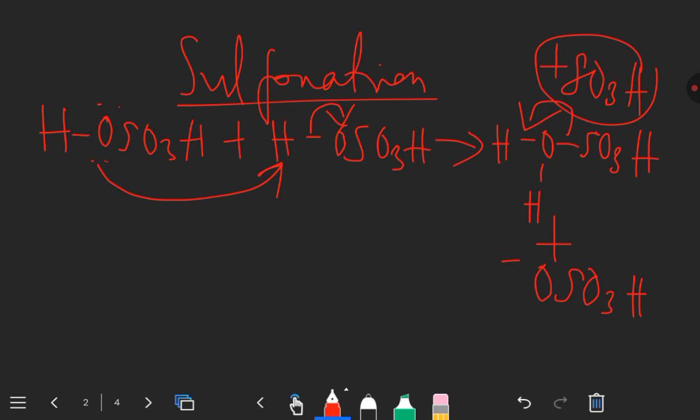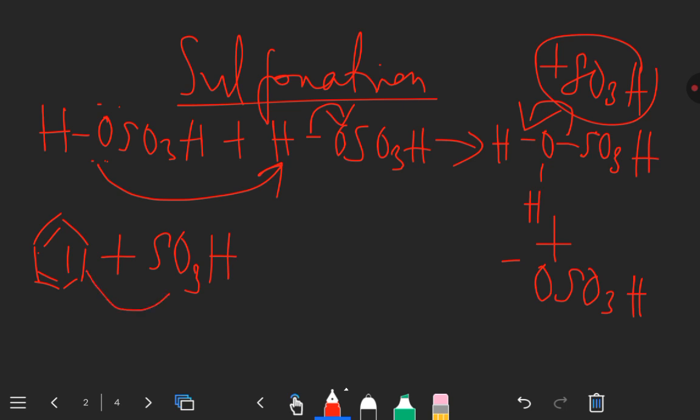sulfonation. So since we have made our electrophile there, then we'll use our benzene ring like that. It will react with this now made electrophile.